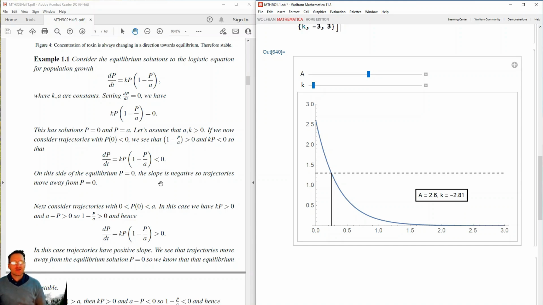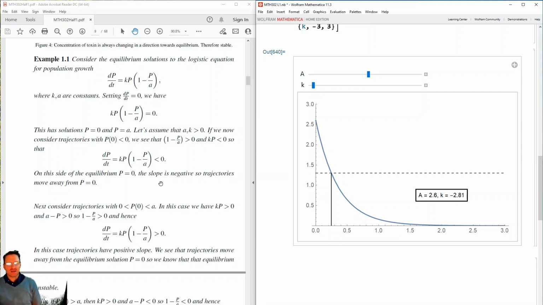So next, let's consider trajectories that start with an initial value p(0) between 0 and a. Remember, a is positive here. So this is a positive one. So this is a more realistic example. So in this case, we have kp is positive and a - p is positive, so that 1 - p/a is positive, and hence the product of kp and 1 - p/a is positive.